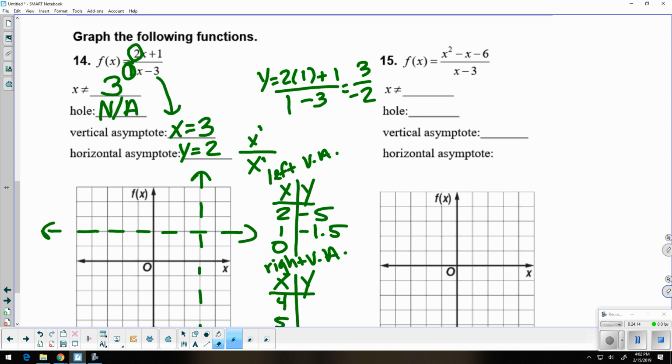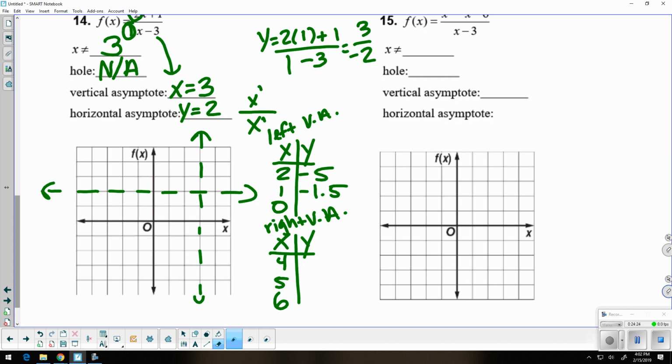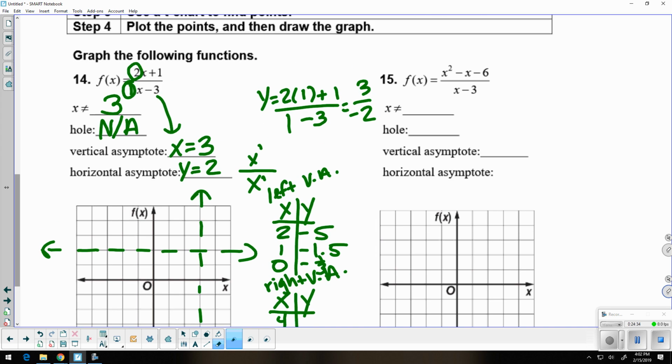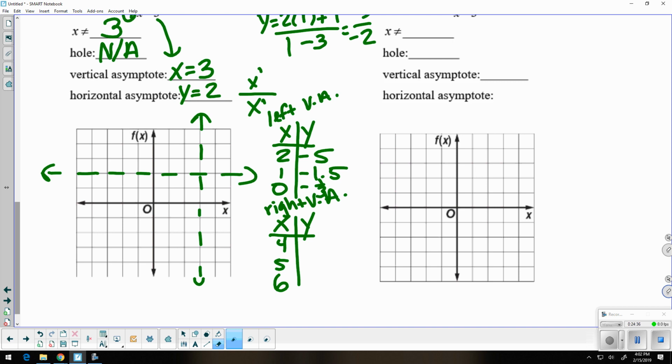I'll just go through and fill in everything else for you guys. What else would we have when we plug in 0 for x? If you plug in 0 for x, you should get -1/3 in the end. Now I want to plug in the other numbers for x: 4, 5, and 6, to fill in the other table.